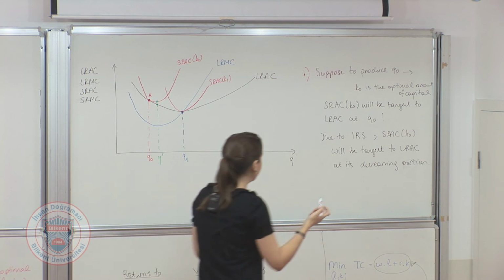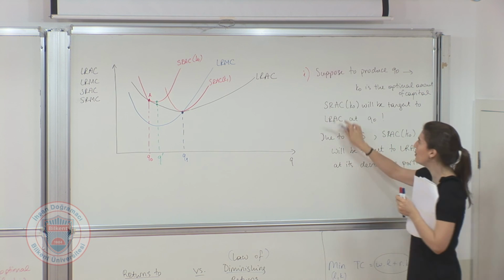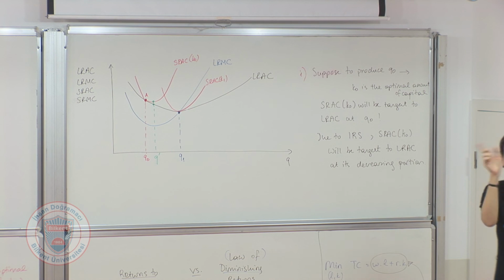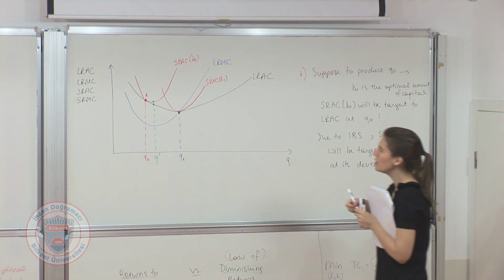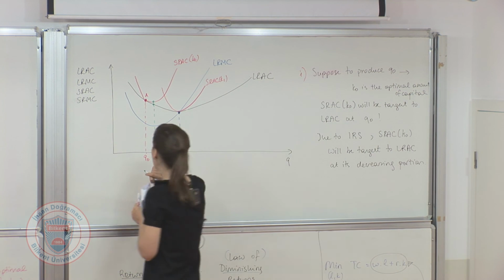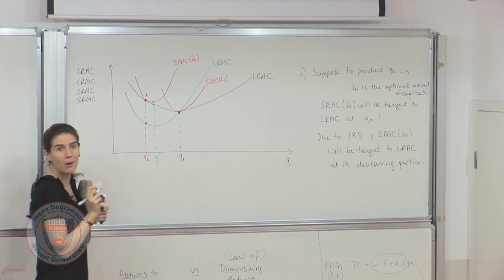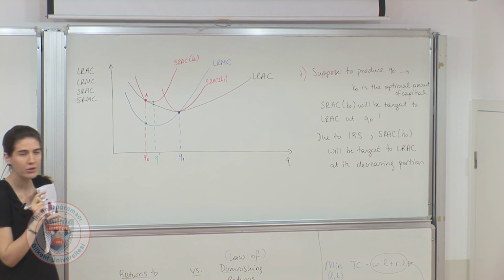So with the same phenomena, if these guys are equal to each other at Q0, right? Then when I take the derivatives of both of those guys, they should also be equal to each other, right? So then it should pass through where? The short-run marginal cost should also be equal to the long-run marginal cost at Q0, right?